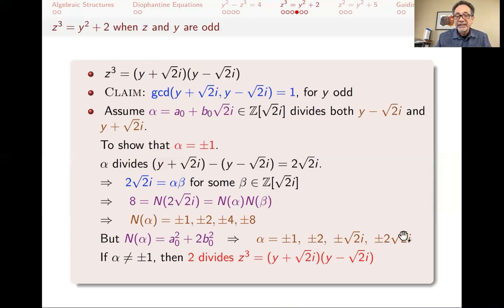Now, in all of these cases, when you multiply alpha with itself, you get a factor of 2. That will tell you that 2 divides z cubed. But z cubed was supposed to be odd, and this is a contradiction. This contradiction proves that there could not have been such an alpha, and therefore the greatest common divisor of y plus square root of 2i and y minus square root of 2i is 1.